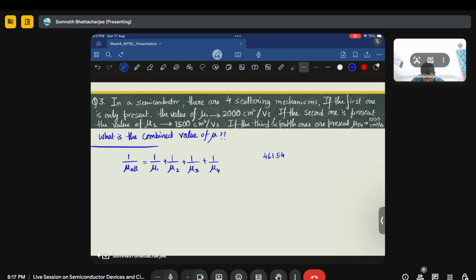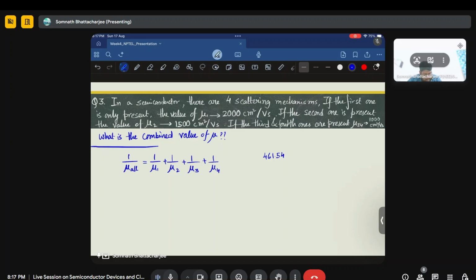So it's 2000 plus 1500 plus ... divided by this value, right? 461.54, right?